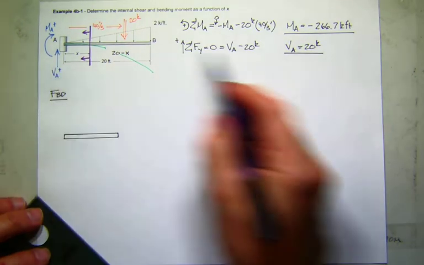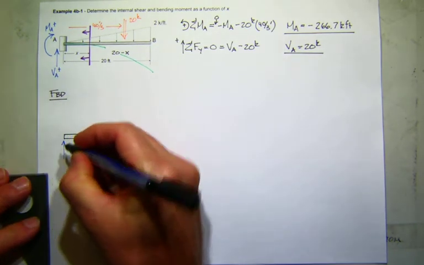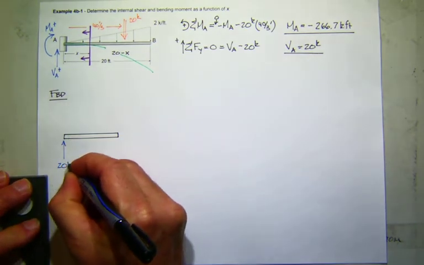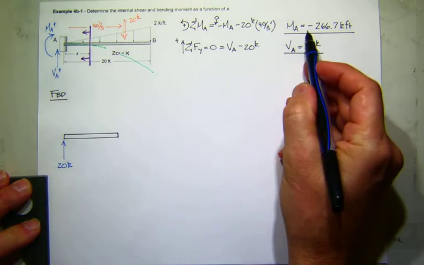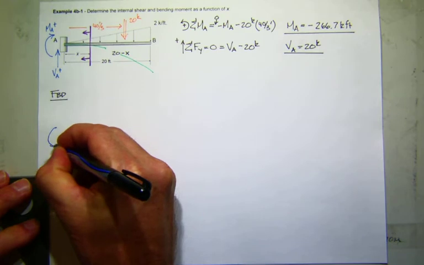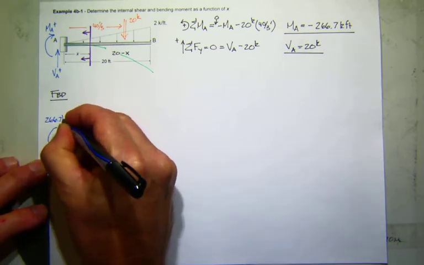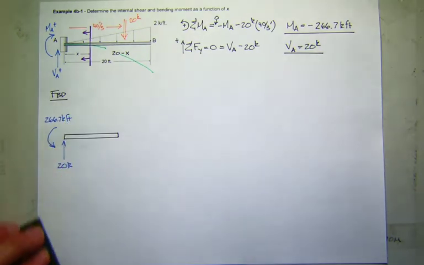I got a shear force of 20 and it's acting up. I got a moment of negative 266 and it's behaving this way. Okay?